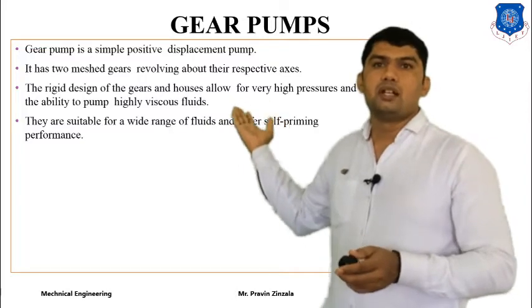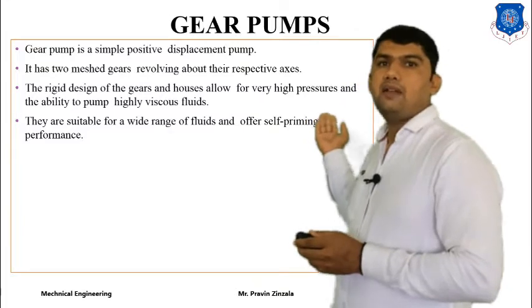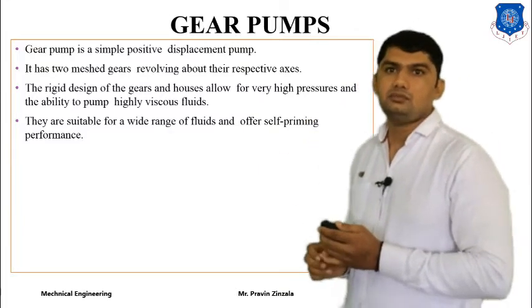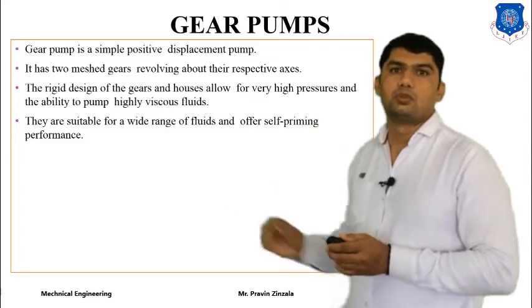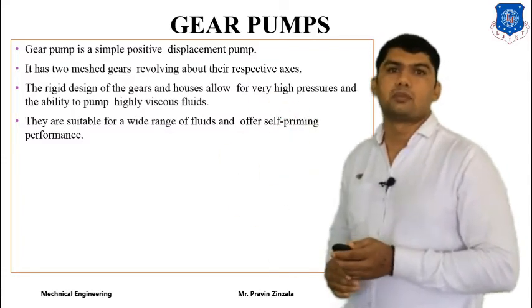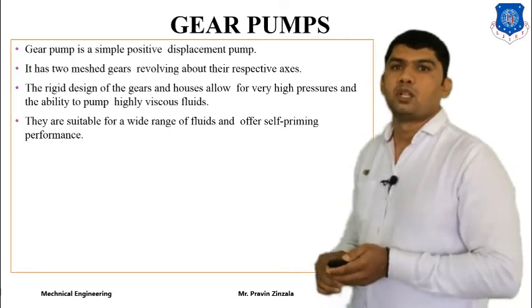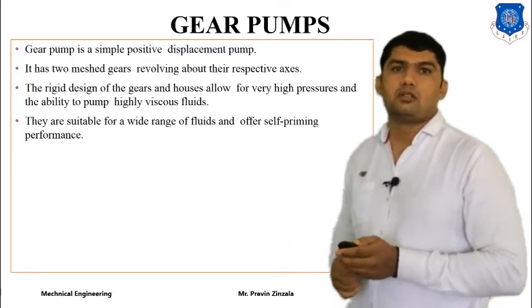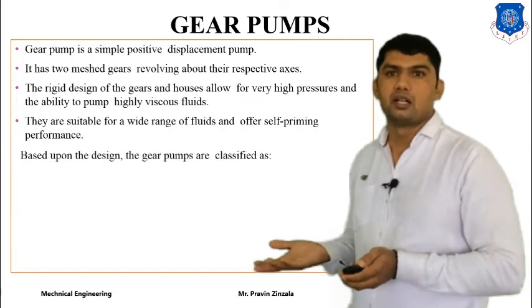Due to the rigid design of the gear and housing, it allows for very high pressure and the ability to pump highly viscous fluid. That is the advantage of the gear pump compared to the non-positive displacement pump. The gear pump is also self-priming, compared to the centrifugal pump.